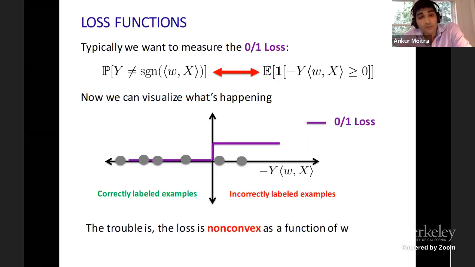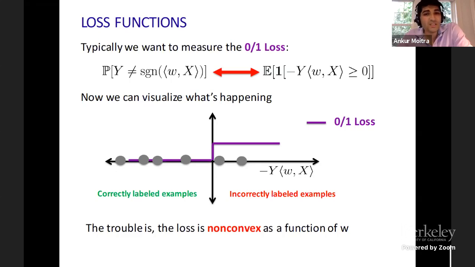So now what's the main difficulty in classic supervised learning? We always want to learn in the 0-1 loss, or almost always. But the trouble is that this step function is non-convex as a function of W. It's very clear from the way that I've drawn it. It's non-convex when you think about its dependence on this underlying vector W. So the standard thing you do in computational learning theory is define a convex relaxation.